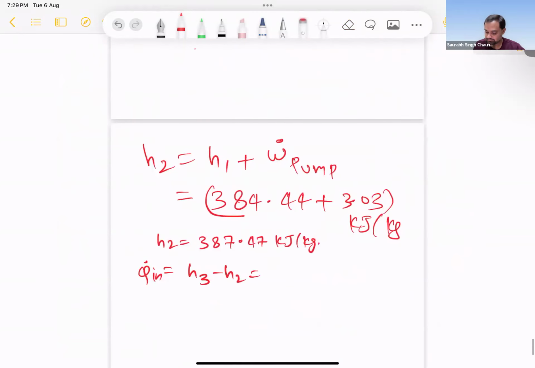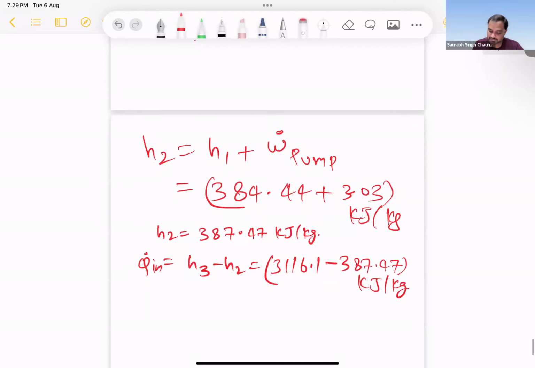So 3116.1 minus 387.47 kilojoule per kg. If you calculate this value, it will come out to be 2728.6 kilojoule per kg.